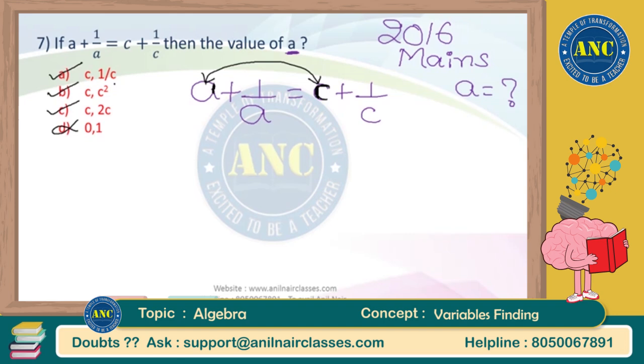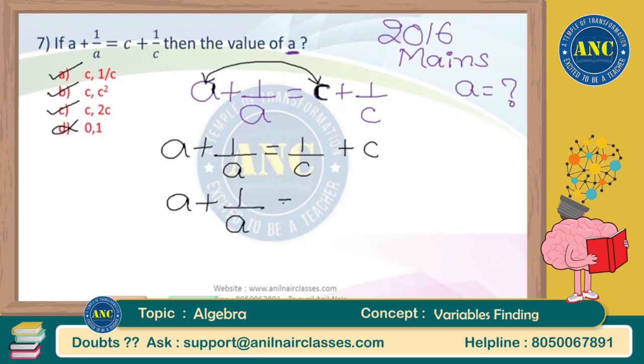Now think a little logically. Can I write this equation as A plus 1 by A is equal to 1 by C plus C? That also I can write it, right? I can write like this also. Now further, if I want to simplify, I can write it as A plus 1 by A equal to 1 by C plus, this C can be written as 1 divided by 1 by C. 1 divided by 1 by C is C only, right sir?